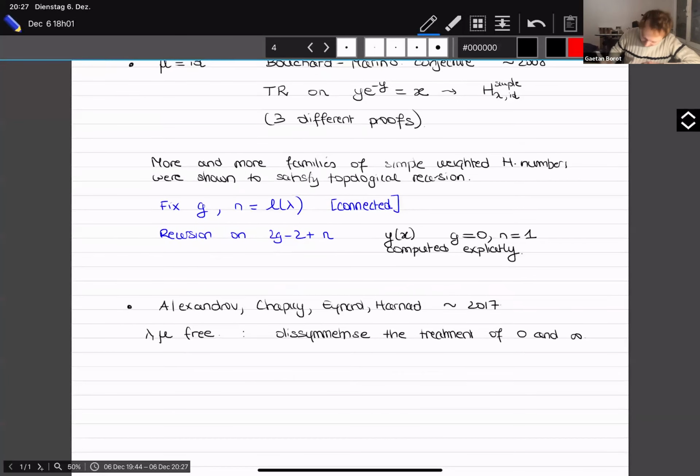So more precisely, what they're going to do: you want to define some omega_{g,n}, which you want to compute. This is going to be a sum over all the ramifications when you have exactly n preimages above 0. So here you're going to put x_{lambda_1}, ..., x_{lambda_n}, and here the lambdas are not ordered.